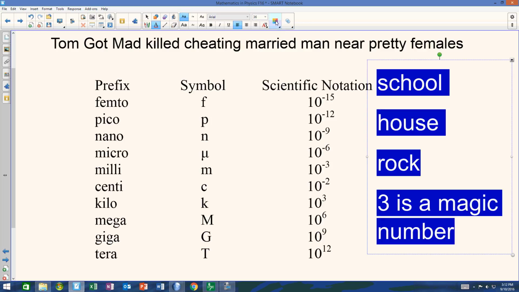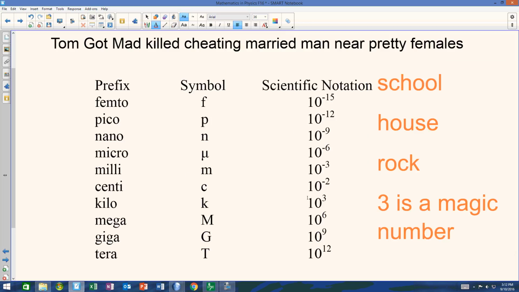Here, I'm going to change the color so you can see it. Okay, Schoolhouse Rock, 3 is a magic number. And they count by 3s, and it's a really great song, and you'll be singing it all night long if you play it. And if you come in and sing it for me, I'll give you extra credit. So there you go. Schoolhouse Rock, 3 is a magic number.